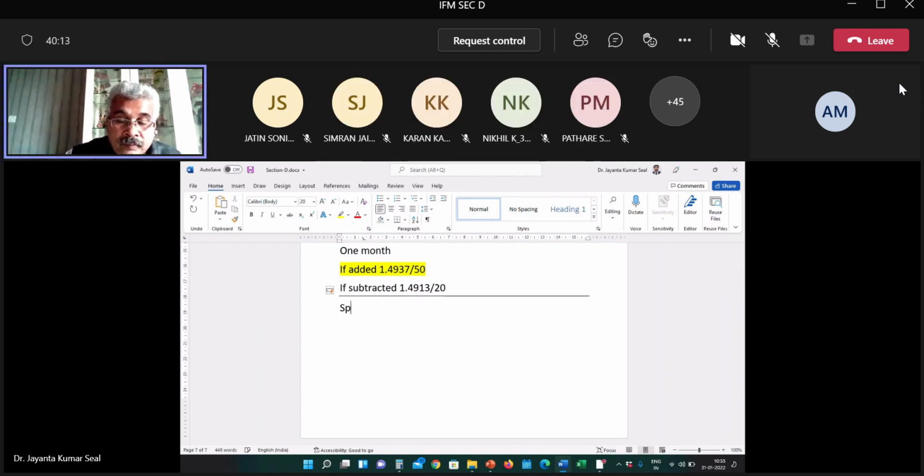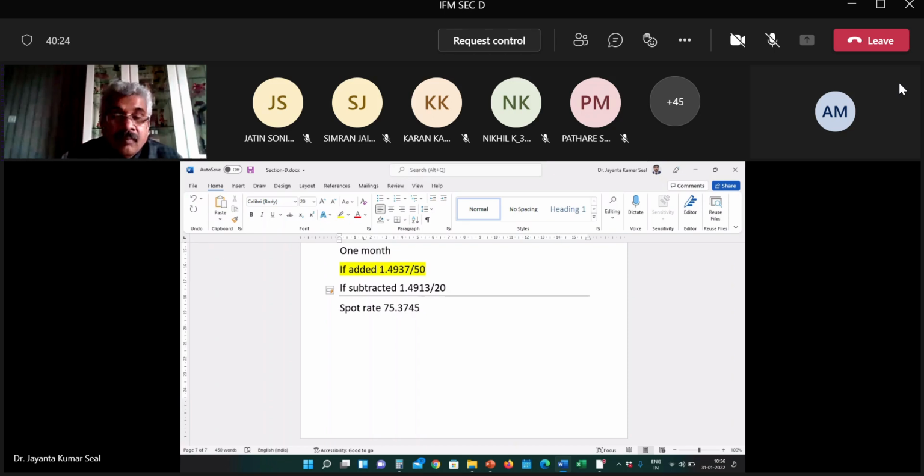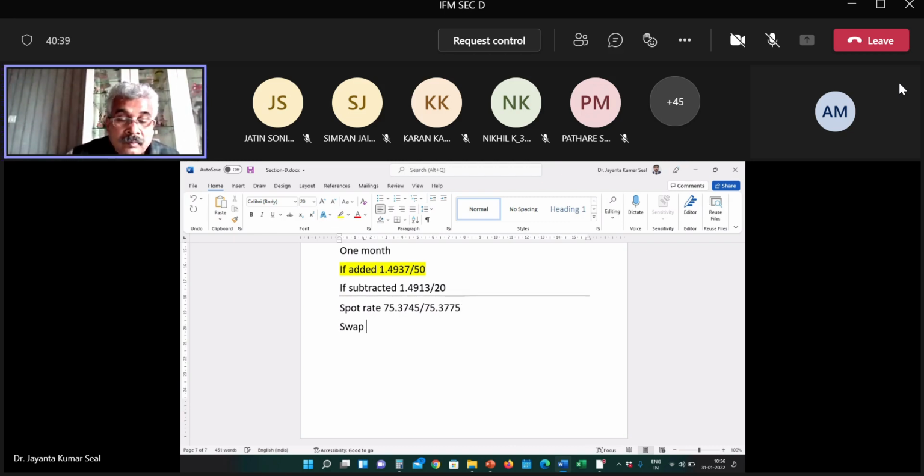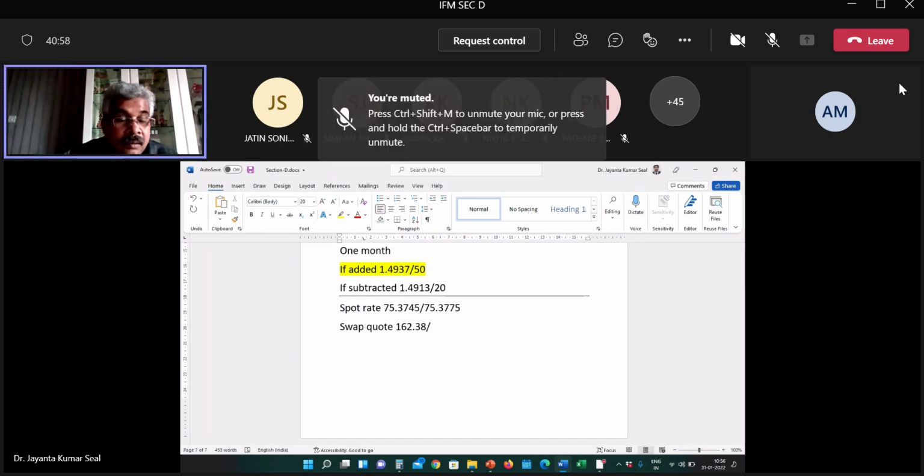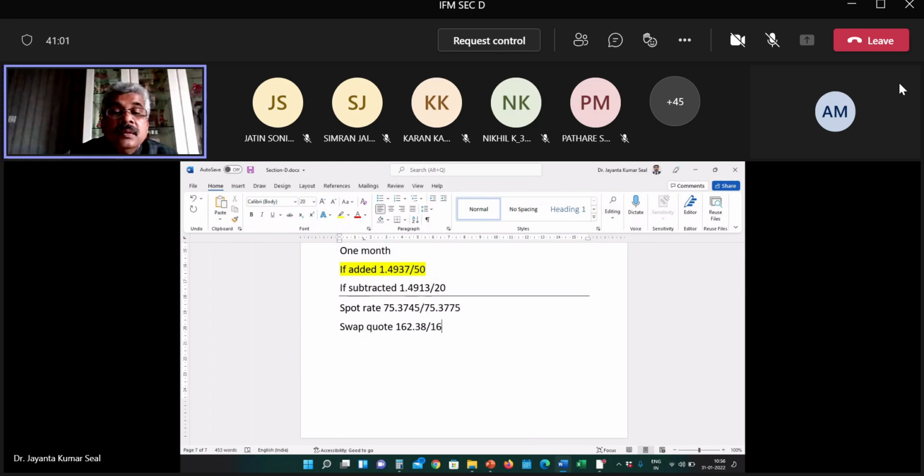So the spot rate is 75.745 and 75.3775, and the swap quotes given are 162.38 and 162.79.